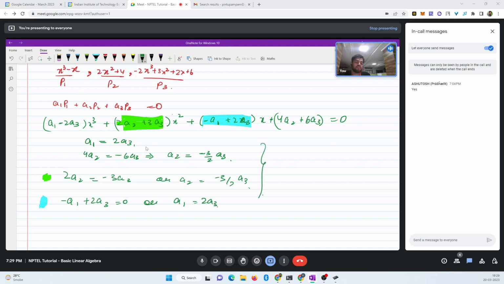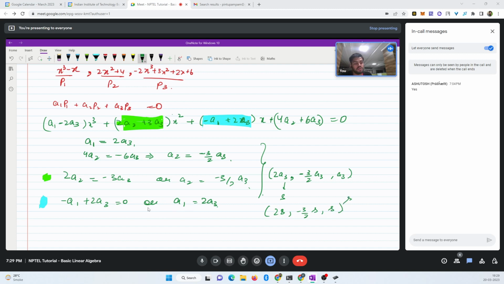So the solution is of the form 2a3, minus 3 by 2 a3, a3. If we take a3 to be anything, let's say s, then we get 2s, minus 3 by 2 s, s.